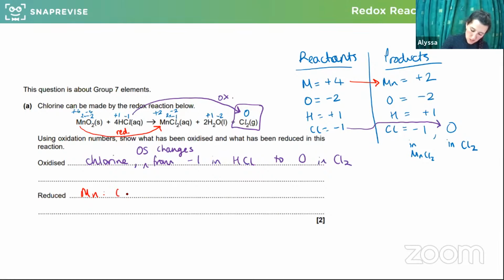So its oxidation state changes from, and I'm stating what the oxidation states are of these elements in each compound that I'm using, because it's asked us to use oxidation numbers to show. So I have to include them in my answer, otherwise I don't get the marks. So the oxidation state changes from +4 in MnO2 to +2 in MnCl2.